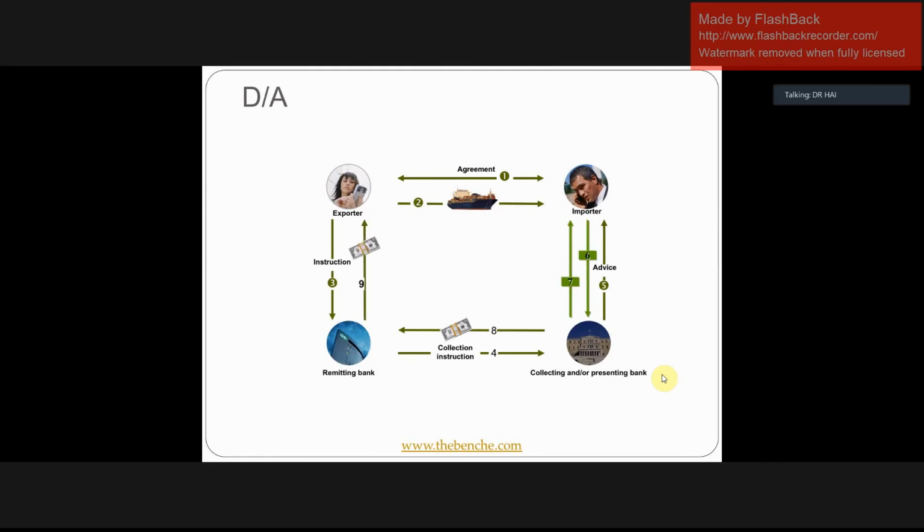The last one is the same as step number 8, but just different. The person who transfers here is remitting bank, and the person who receives here is exporter. Okay, that is a transaction.